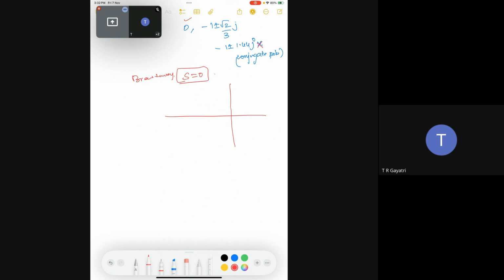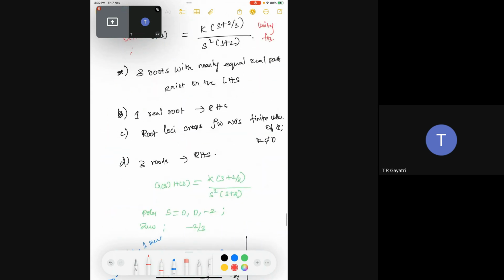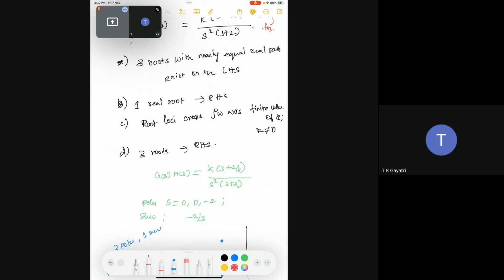What was the question? Out of these three, what do you think will be the correct one, three roots with nearly equal real parts existing on LHS? No, because two are at the origin and one is at minus 2.